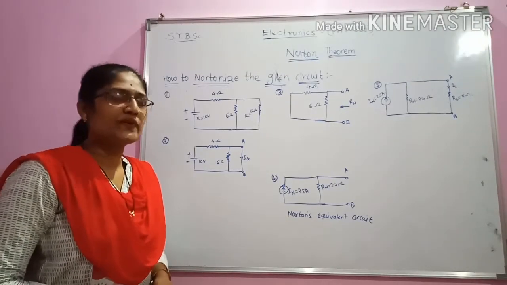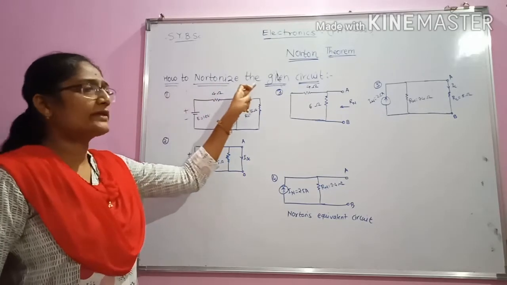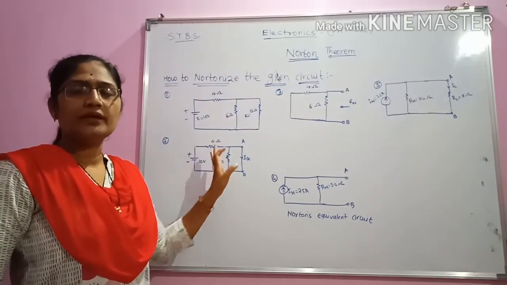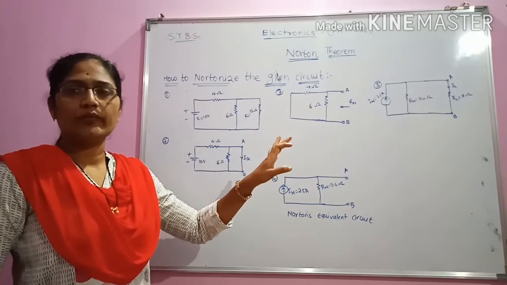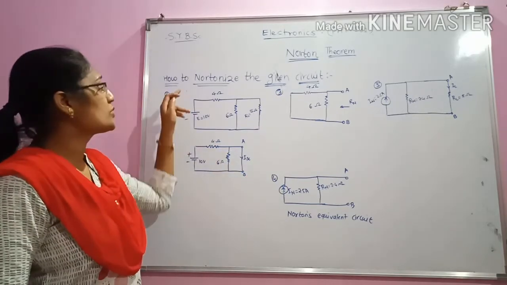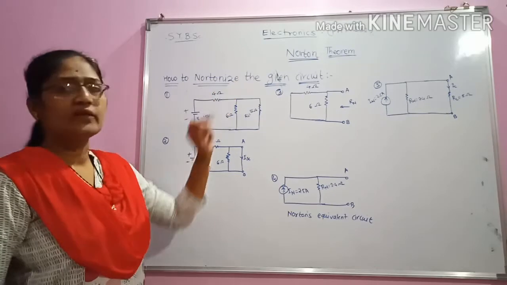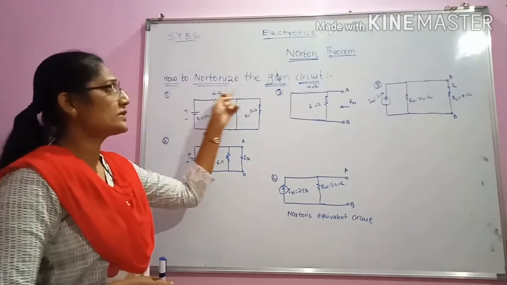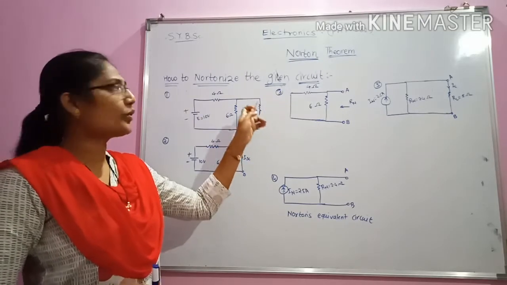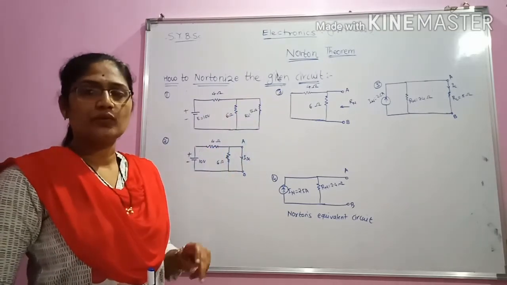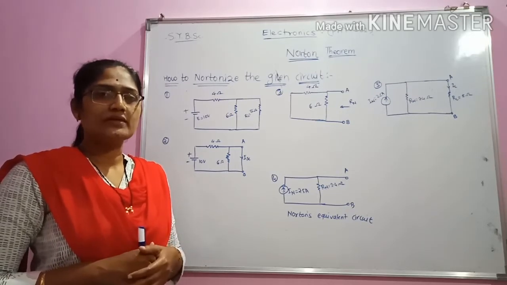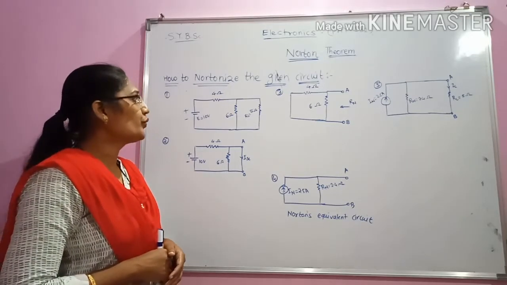Now students, we will see how to Nortonize the given circuit, means how to convert a complicated circuit into its Norton equivalent circuit. That process is called Nortonizing the given circuit. When we want to Nortonize the given circuit, then what we have to do?